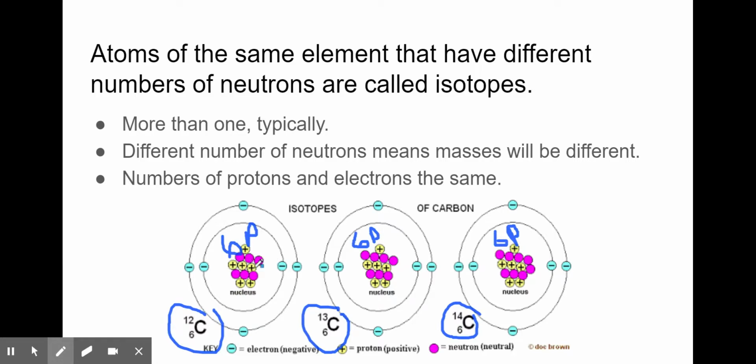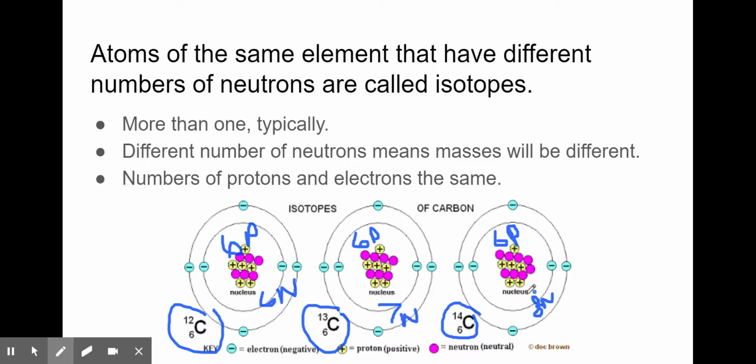Well, let's count the number of pinks. So we have 6 neutrons, right? Because that's what else is in a nucleus. We have 7 neutrons, and we have 8 neutrons, okay? 6 neutrons, 7 neutrons, 8 neutrons. Notice they're all isotopes of carbon. They all have the same number of protons, but their nucleus is different because they have different numbers of neutrons.